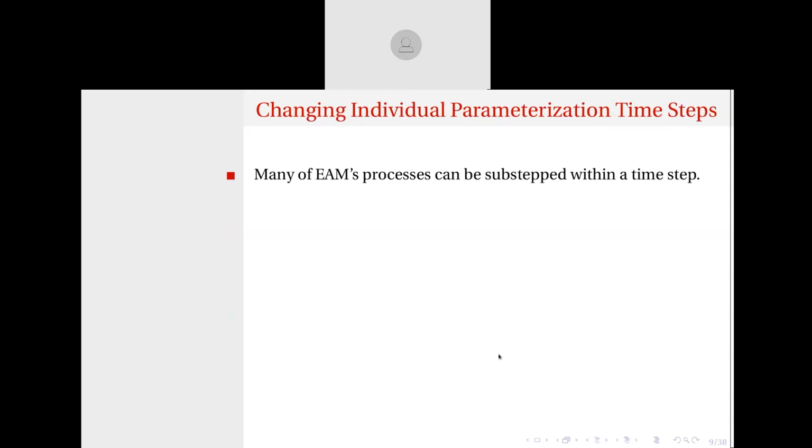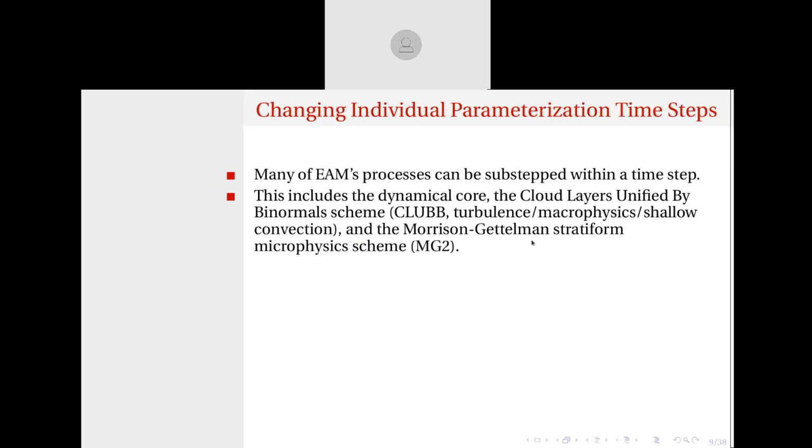So in order to understand what's going on from a more process-oriented perspective, we looked at what happens when you change the time steps associated with individual parameterizations, the different physics schemes within the model. So many of these processes already in the model have some degree of substepping or optional substepping.